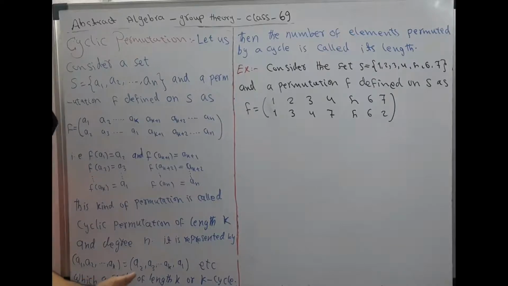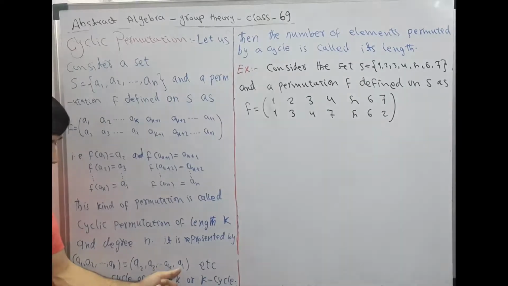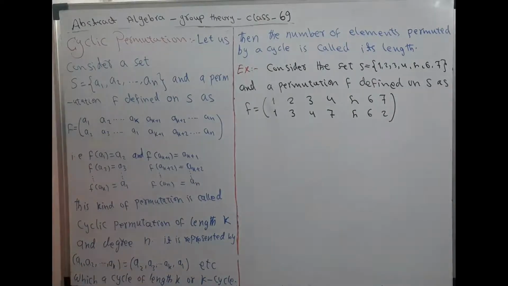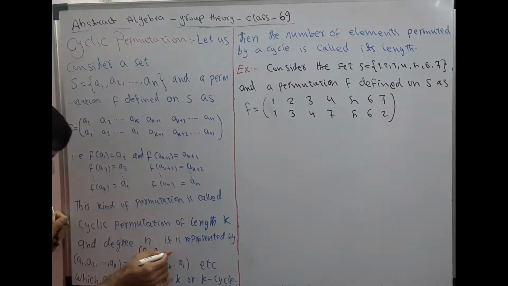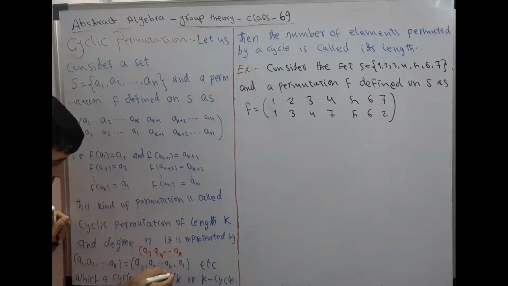It is equal to (a2 a3 and so on ak a1). We can write another form of this: (a3 a4 and so on ak a1 a2).